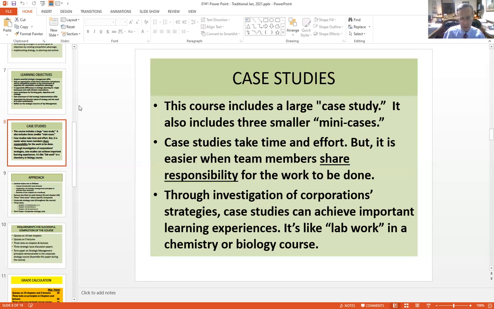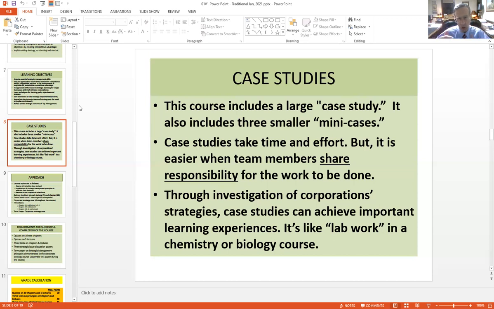So it takes time to work on cases, more time than in other courses, to be very honest with you. But it's like lab work in a chemistry lab. When we see how companies have responded to these forces and understand what the impact of these forces has been, we can begin to understand the possibility that there may be some rules here, the way things work.